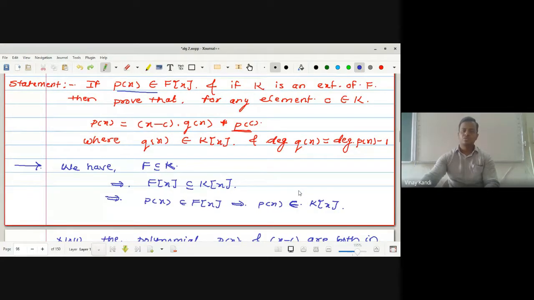Give it as equation number 1. So we proved that p of x is equal to this one. Now we have to show that the degree of q of x is equal to the degree of p of x minus 1.